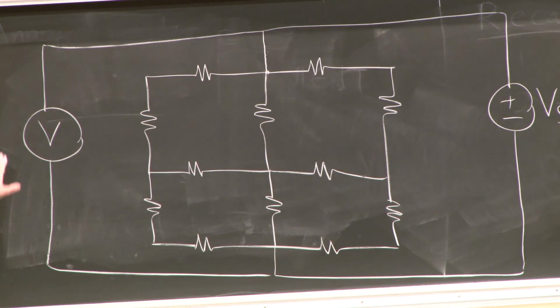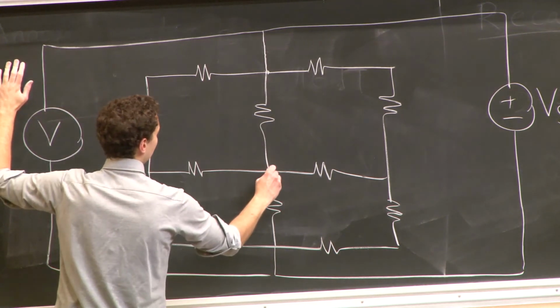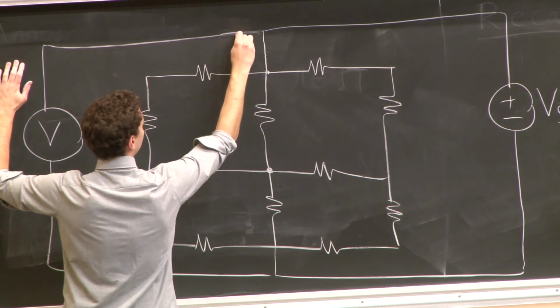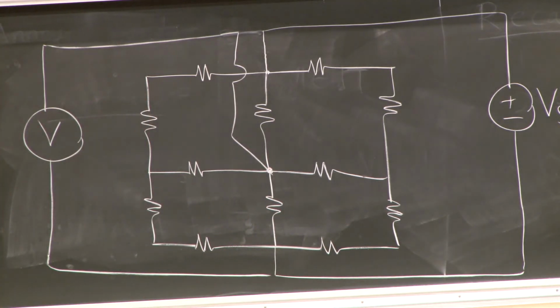But now what happens if instead of, right, that's the easy one. I'm just measuring the voltage across the voltage source. What if I measure in the middle instead? Now what? There's a lot of nodes, right?